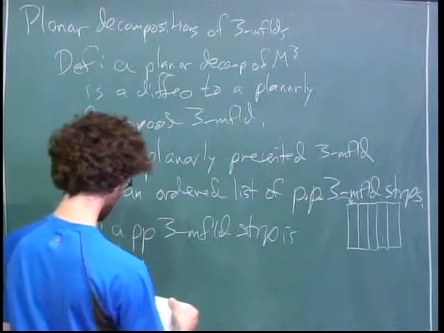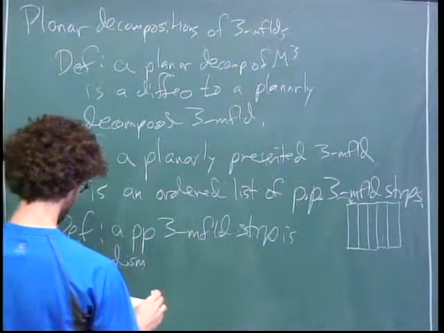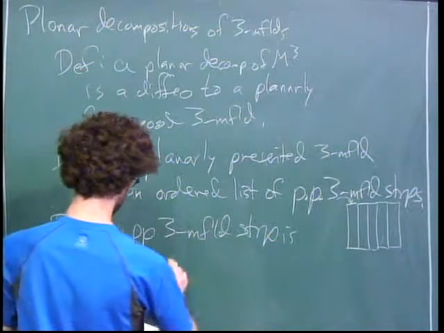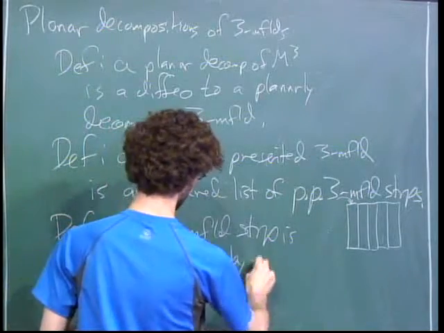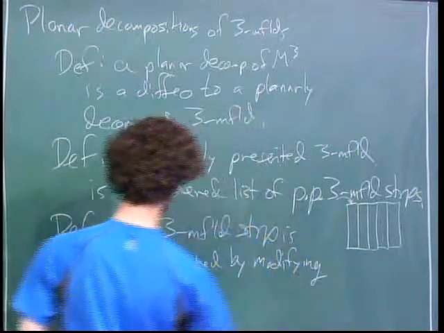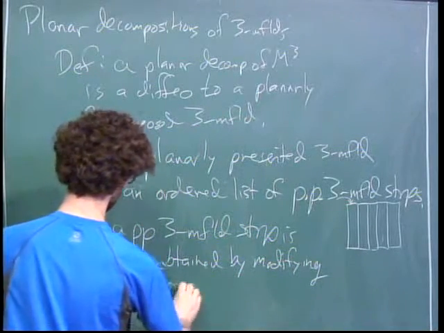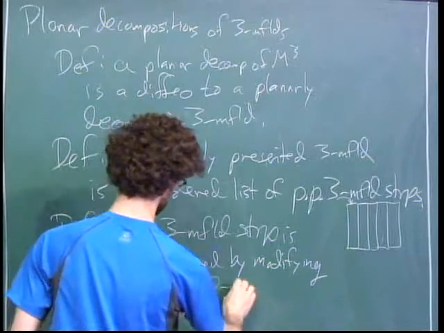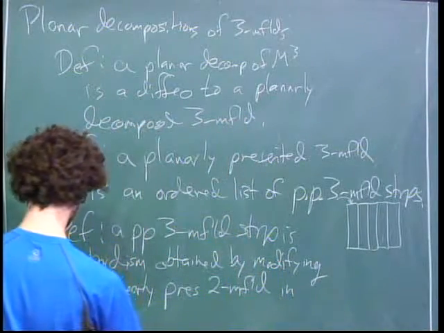So a planarly presented three-manifold strip is a bordism obtained by modifying a linearly presented two-manifold in exactly one of the following ways.